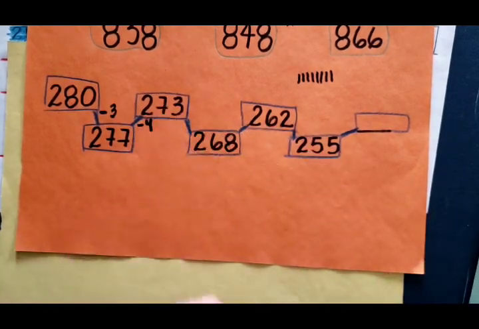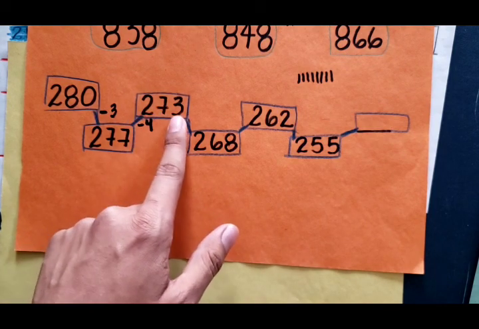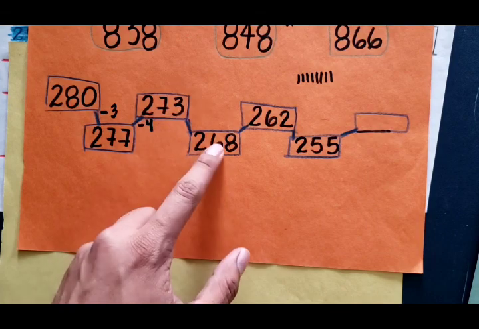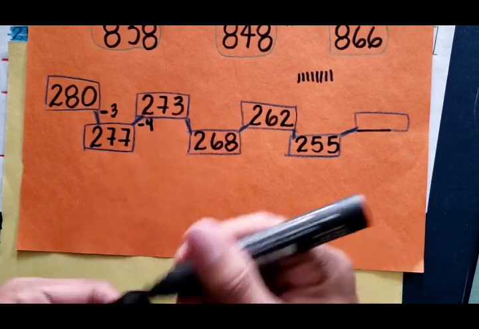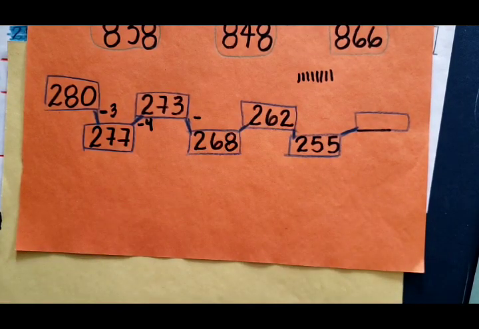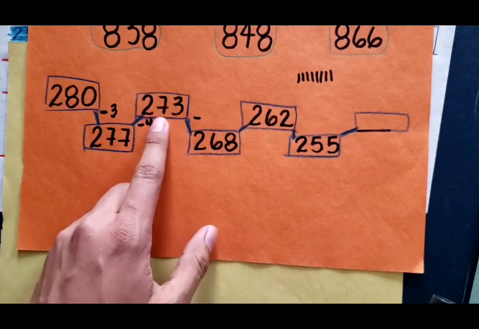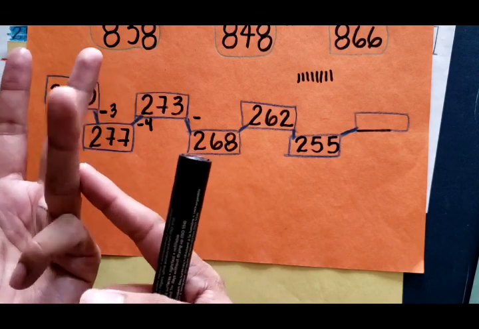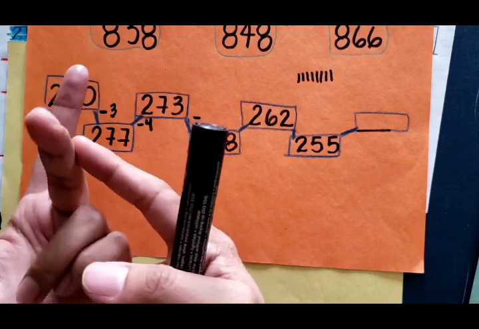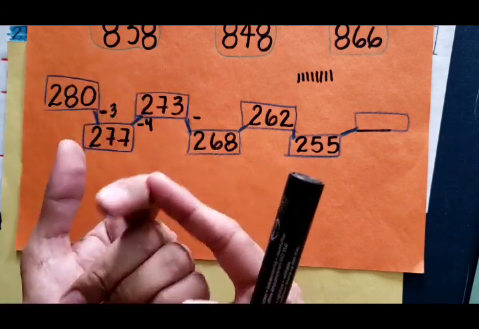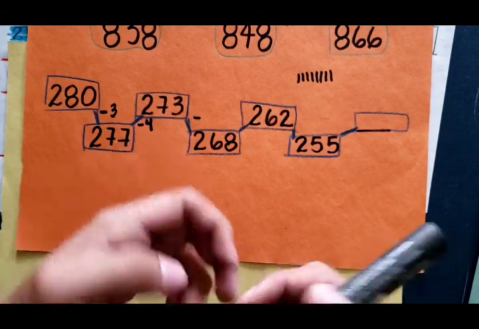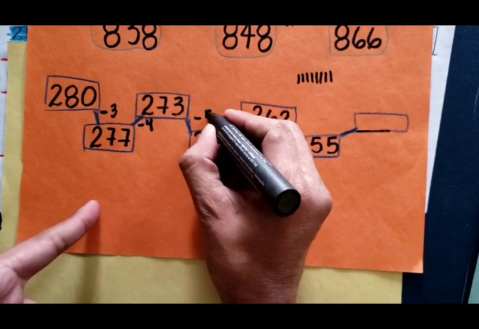Now between those two numbers, 273, 268, 273 is more, 268 is less. They are subtracting again. Let's count backwards. 273, 272, 271, 270, 269, 268, minus 5.